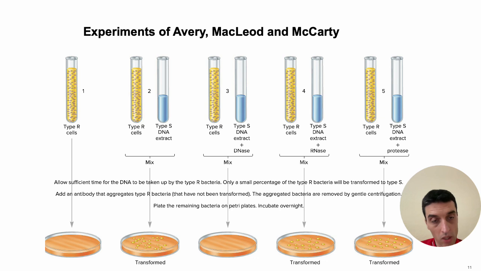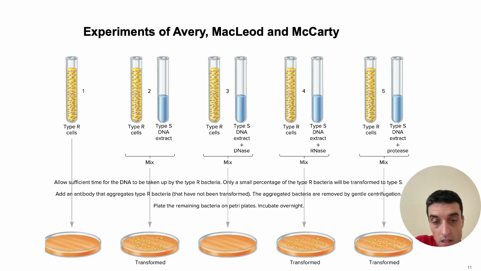So they said, okay, this time I'm going to add DNase to the DNA extract, and if there's something besides DNA that's making these rough cells into smooth cells, it's going to show up in the culture.